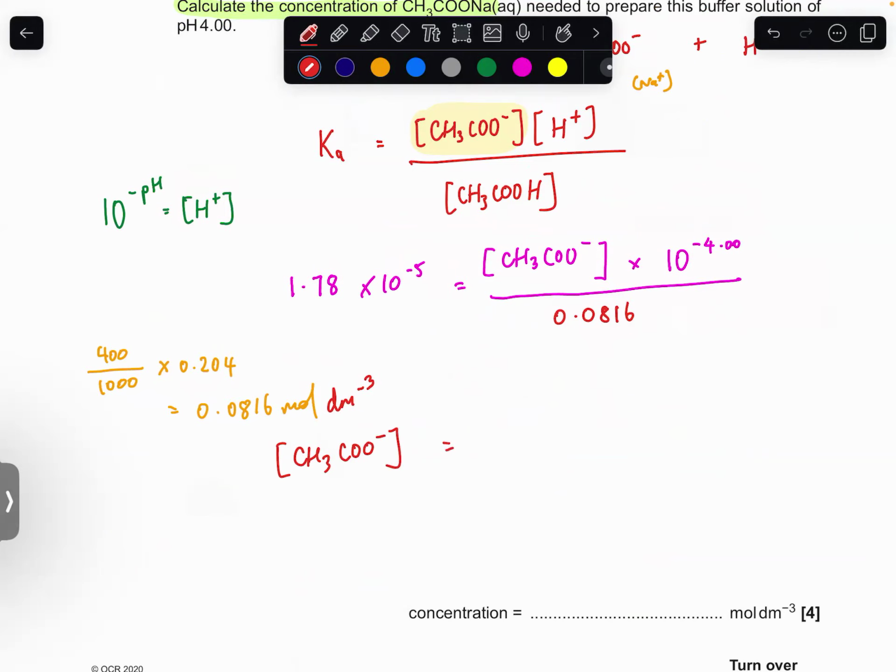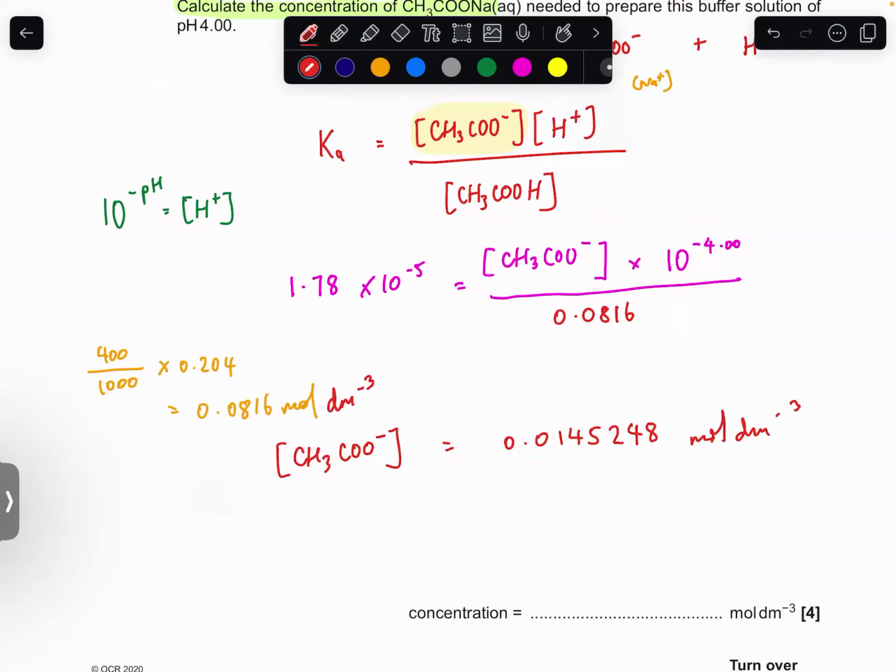So 1.78 times 10 to the minus 5. Let's multiply that by 0.0816 and then divide by 10 to the power of minus 4.00. I've got here 0.014528 moles per decimeter cubed.